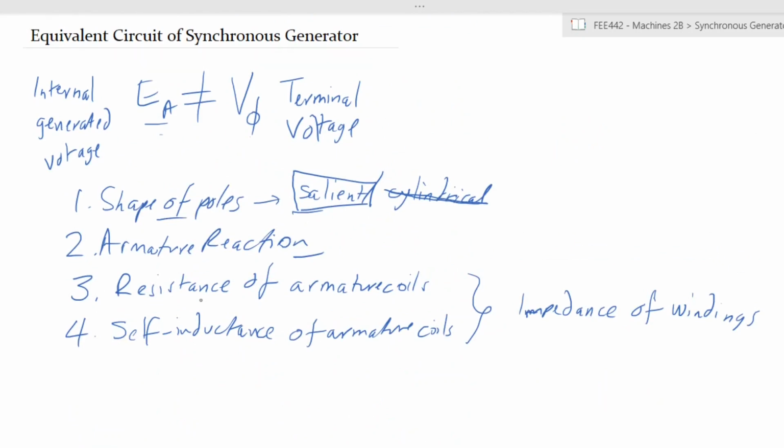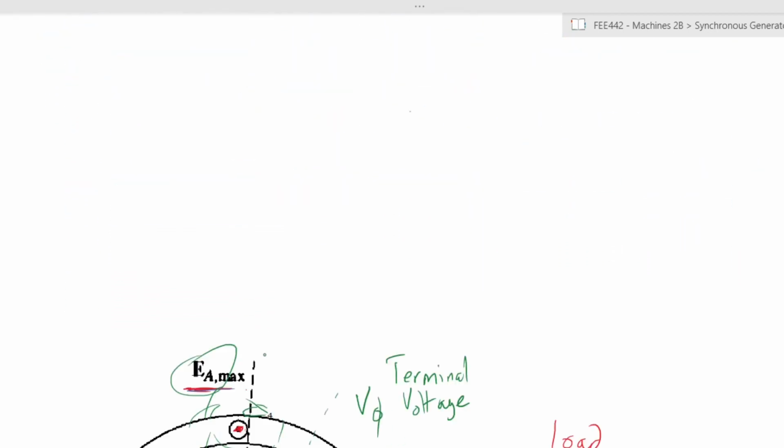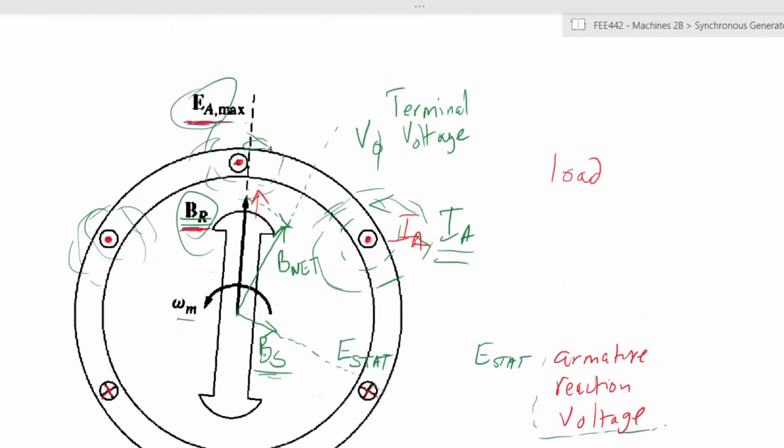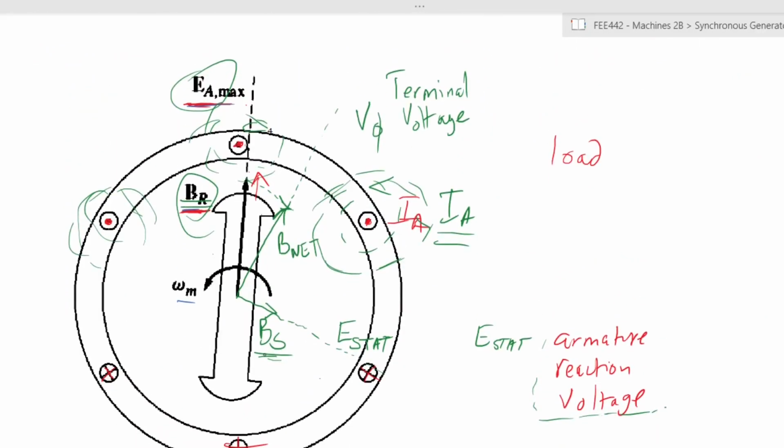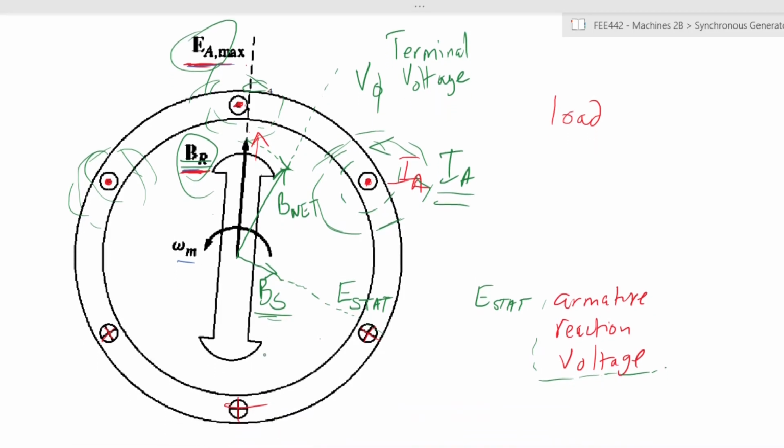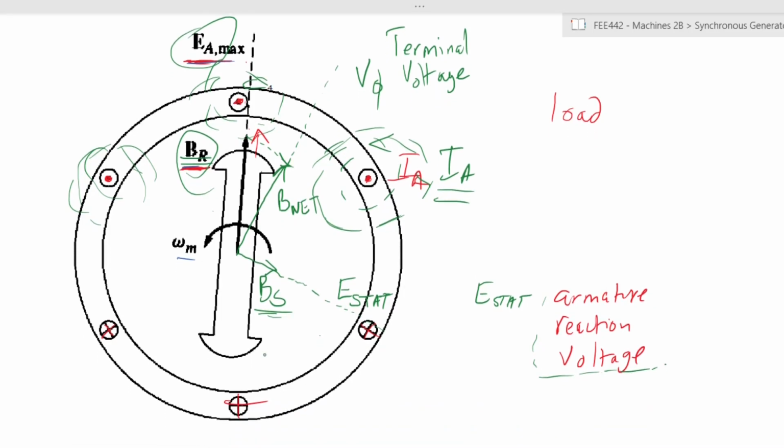So you then have the interaction of the resistance and the self-inductance. So what we now end up with is you have all the components that form part of the circuit of the internal operations of your electrical machine or the synchronous generator.